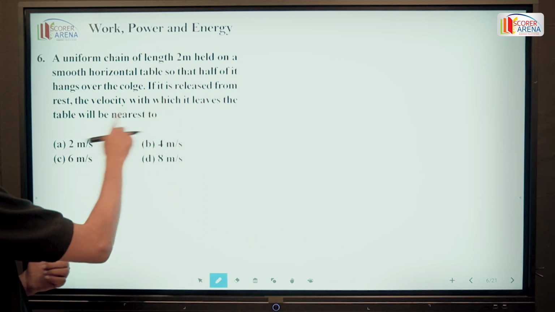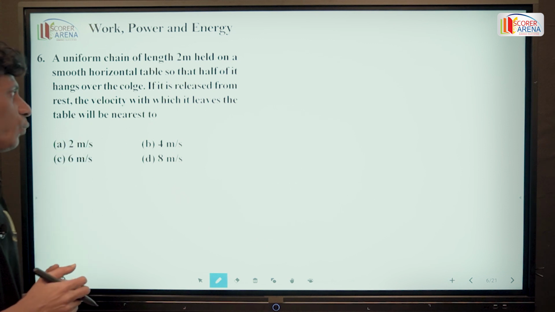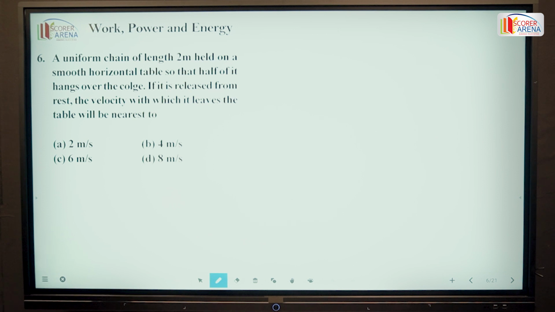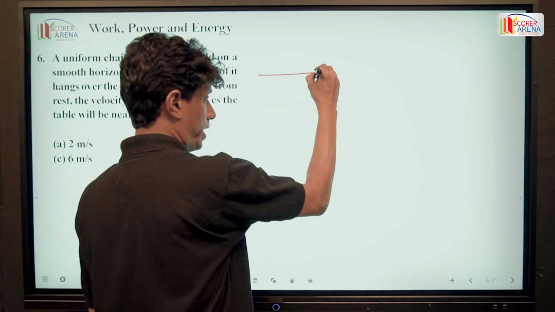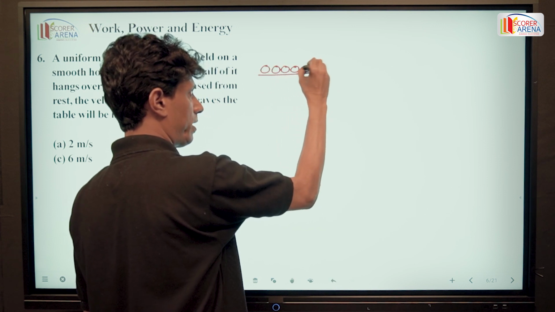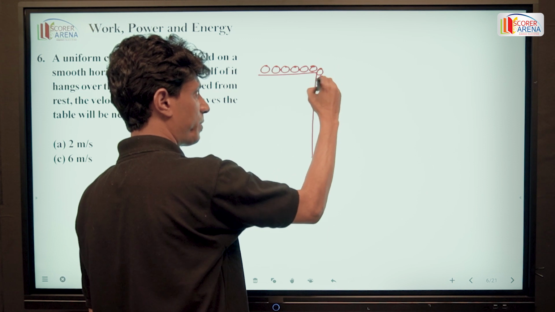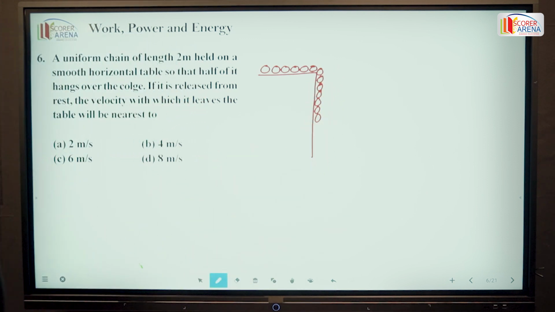If it is released from rest, the velocity with which it leaves the table will be nearest to. So the question asked here: one chain is placed over the table, half of the chain is hanging over its edge.